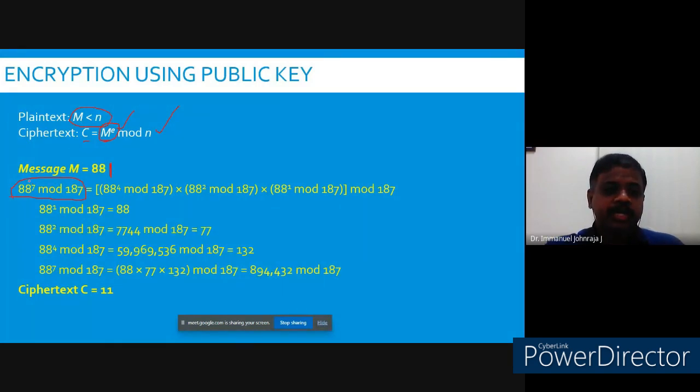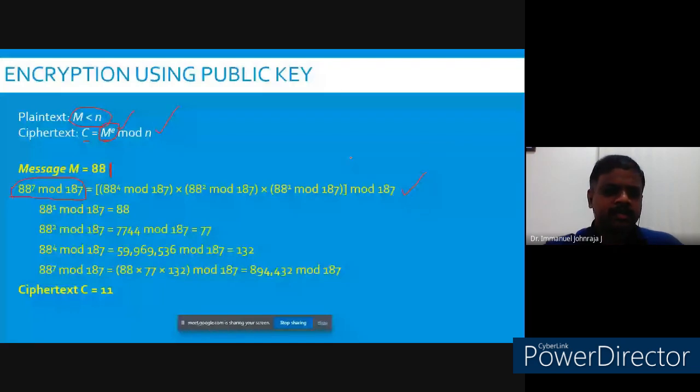You have 88 power 7, which can be taken like this: 88 power 4 mod 187 multiplied by 88 power 2, 88 power 1, and then you take the modulus 187. So it is equal to 4 plus 2 plus 1, which is 7. So this is equal to 88 power 7 mod 187. Hope you understand that. This is modular arithmetic.